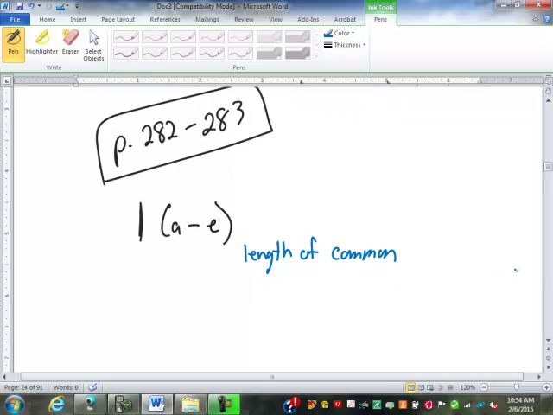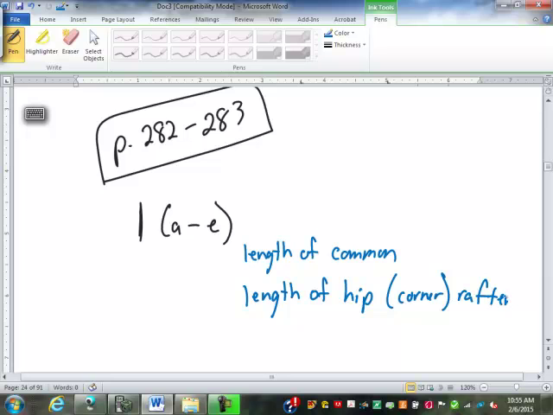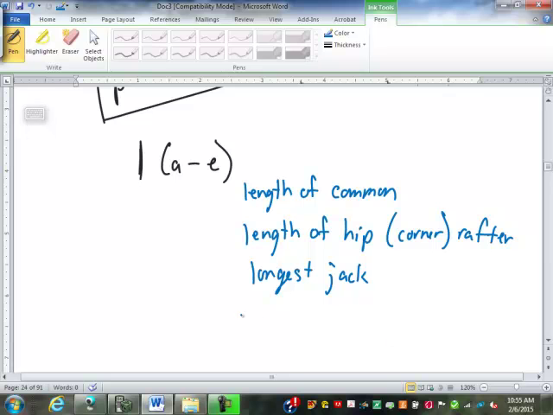So you're going to find the length of the common, the length of the hip rafter, the longest jack, and then the jack rafter decrease. So there's what? 5 problems there. You need to do that for each of them.